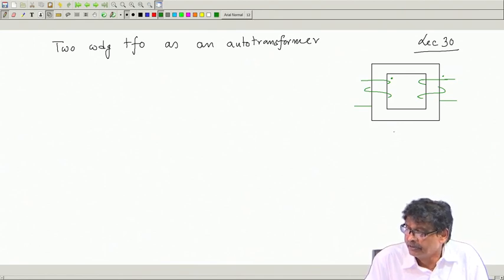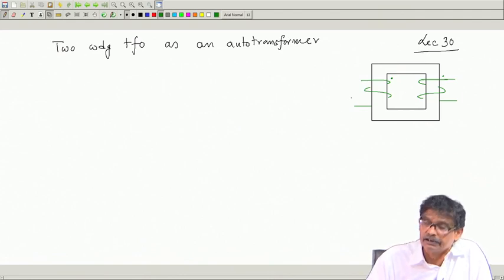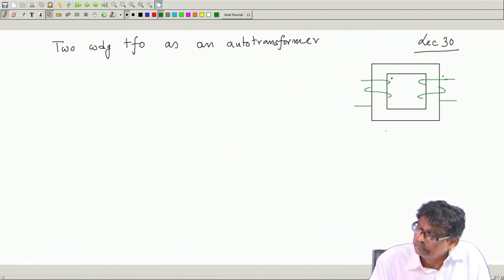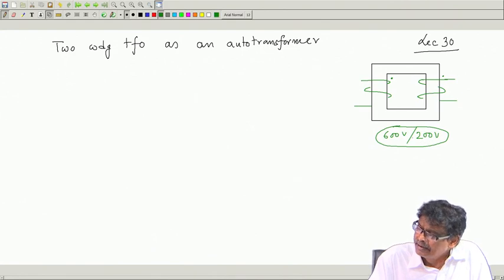And suppose for easy calculation I will assume the voltage rating of the transformer is say 600 volt by 200 volt, and the kVA is say 12 kVA.